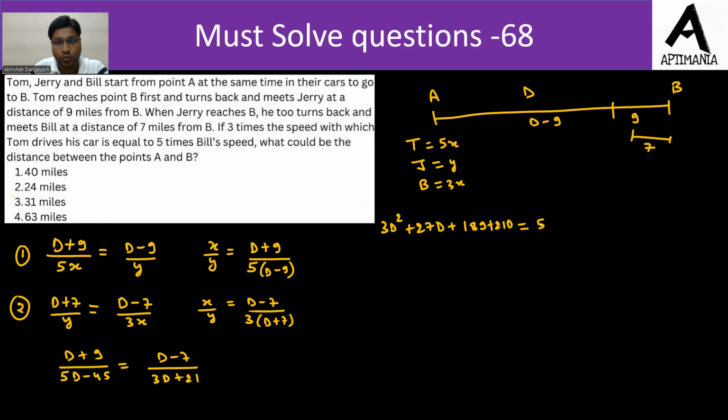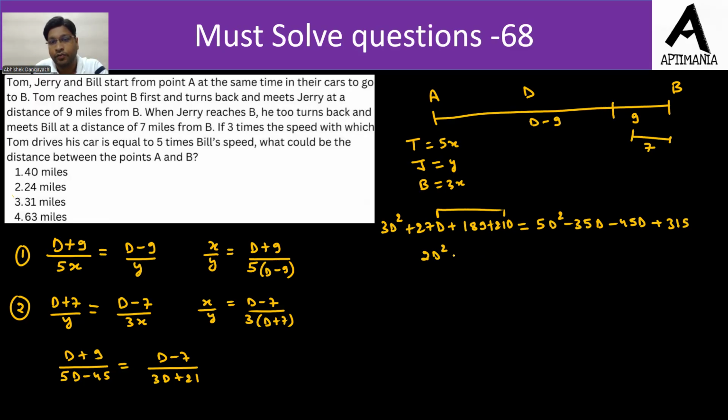So we have 5D square, right? Then minus 35D, then minus 45D, and then 45 into 7 is how much? 315. Okay, so simplifying this, we have twice of D square, right? This is minus 80D, and this is how much? 48D. So this will be 128D, right?